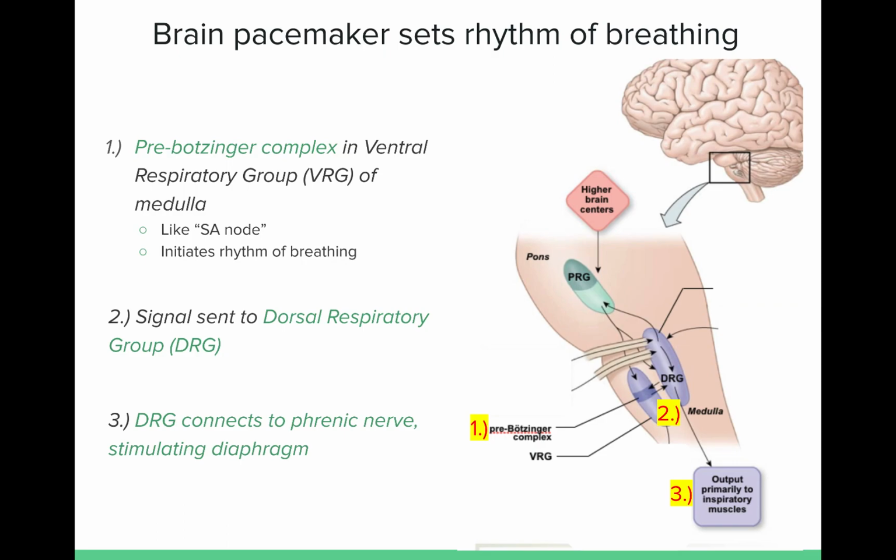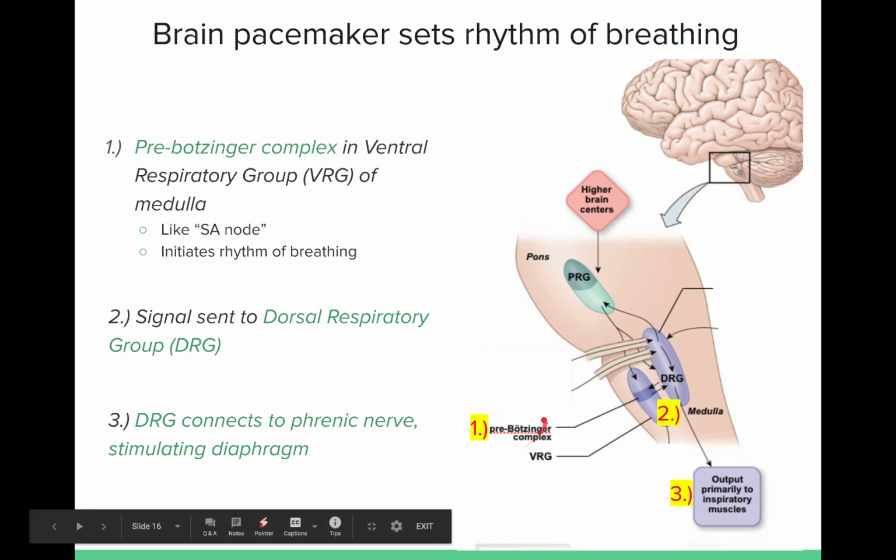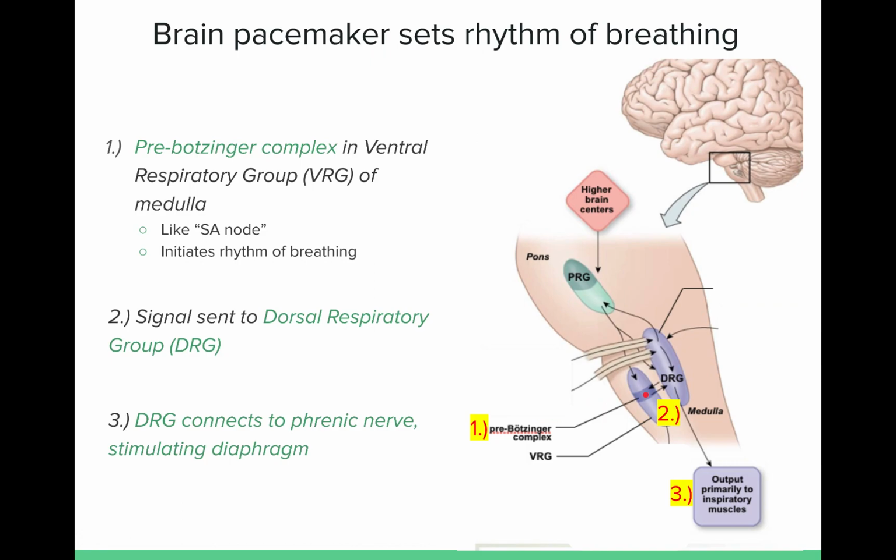And here's basically how you initiate breathing. This Pre Botzinger complex and its neurons spontaneously initiate action potentials, just like your SA node. They're connected to this other pocket of neurons known as the dorsal respiratory group, or DRG, that activates these neurons.